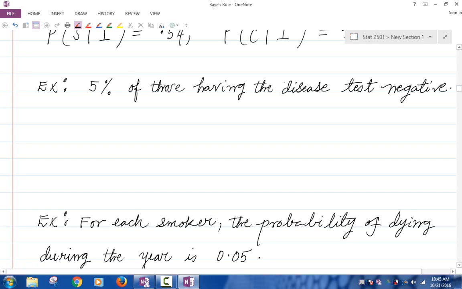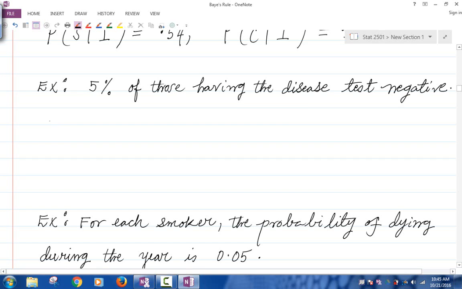Does it indicate a subpopulation? We are talking about the population of the people who have the disease, and then the subpopulation of the people who test negative, right?